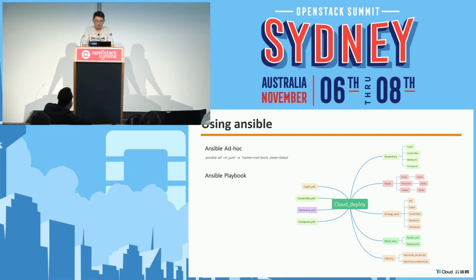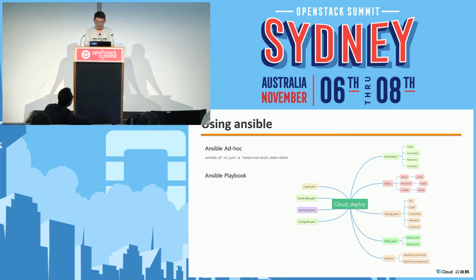That is controller, compute, network, and storage. Roles. A role is a collection of tasks and related files. We treat each OpenStack component as a role. The steps on how to deploy an OpenStack component are described in the tasks. Tasks call modules to do real work, and there are over 1,000 modules provided by Ansible.